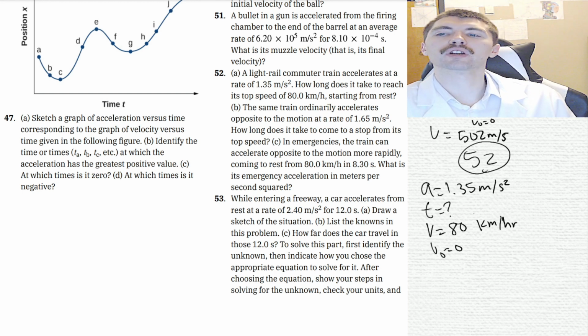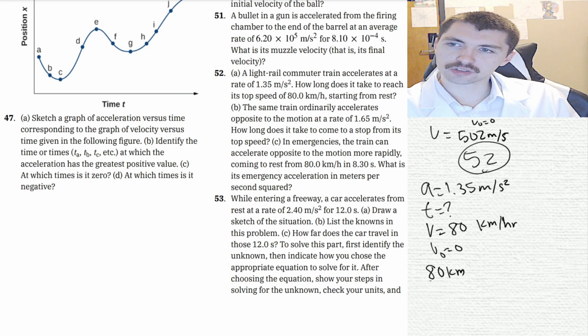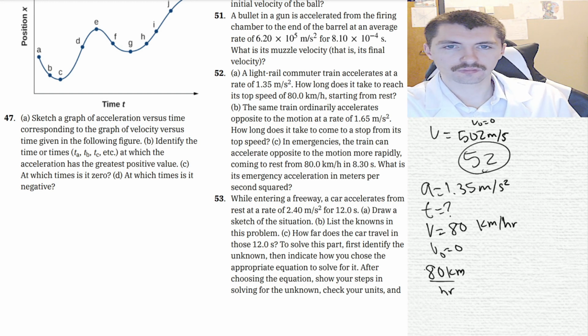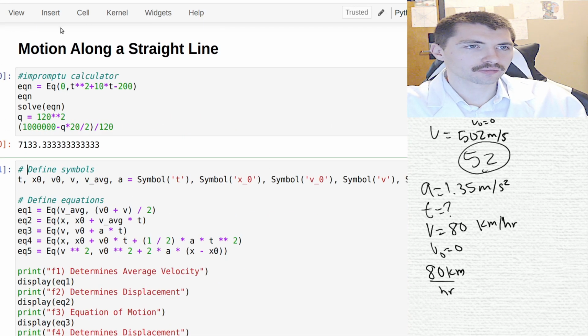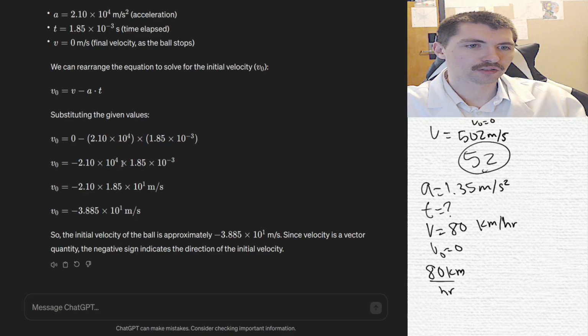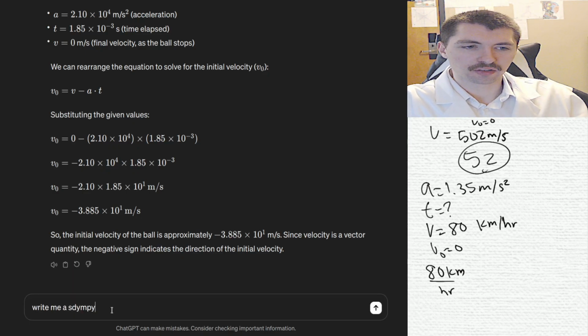For this problem, we're going to have to convert kilometers and hours, so 80 kilometers an hour.